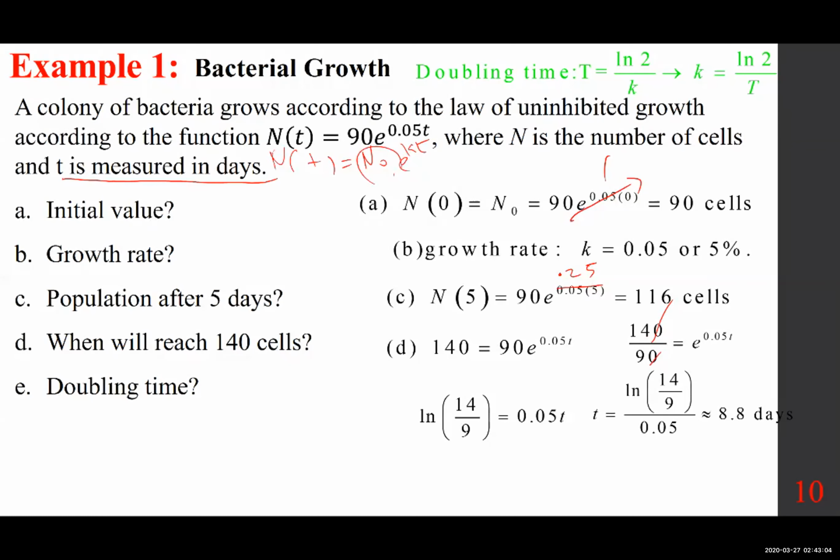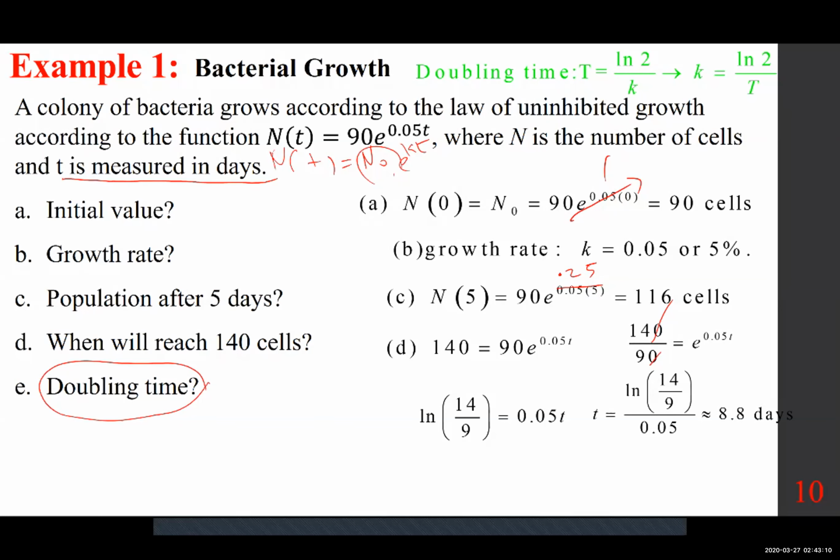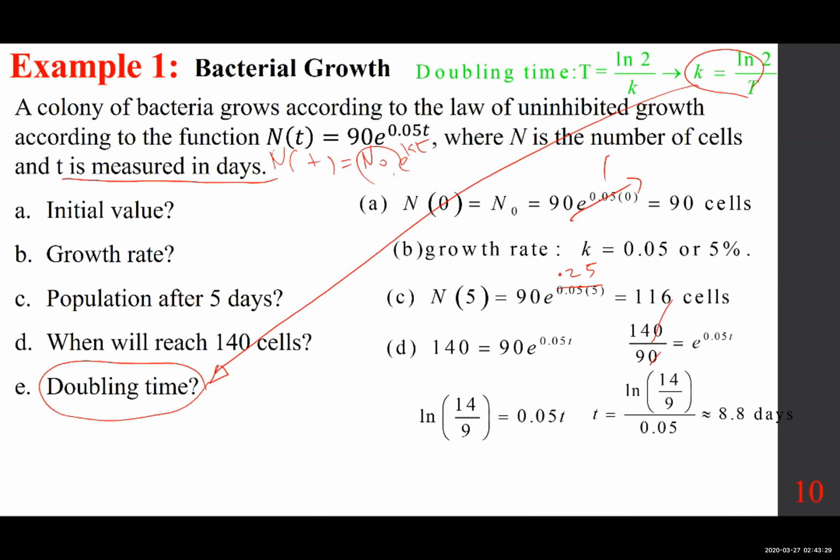Now, finally, the doubling time. You can use the formula here, or you can go through the process: ln2 divided by k, which is 0.05. Because we have worked it out, we can use it. If we haven't proved that, it's a different story.